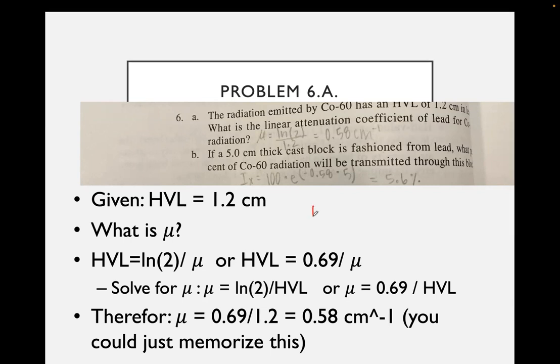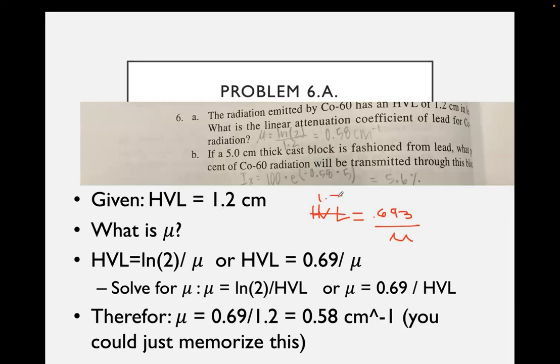Okay, so half value layer. The formula is half value layer equals 0.693 divided by mu. We weren't given the linear attenuation coefficient, so I can replace the half value layer with 1.2.